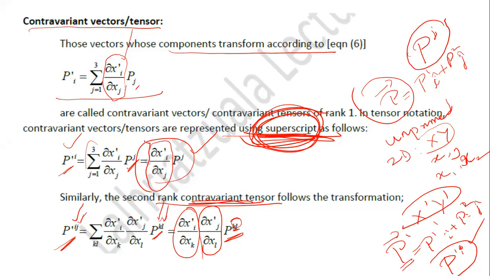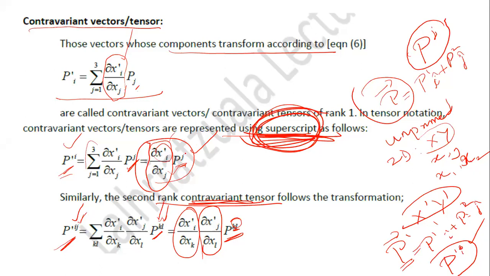In this transformation, the coefficient is a partial derivative which involves the primed coordinate variable in the numerator and the unprimed in the denominator. If the transformation coefficient is a partial derivative with the primed coordinate variable in the numerator, then we can conclude that the quantity is a contravariant tensor.